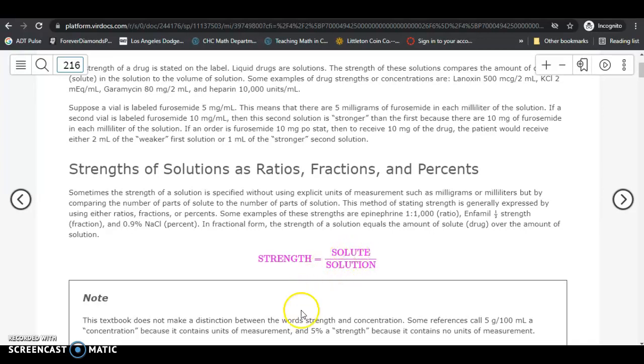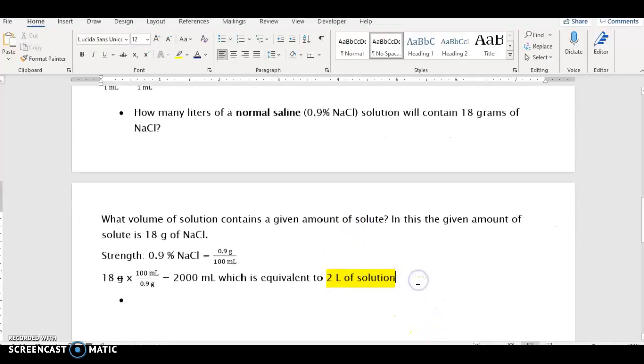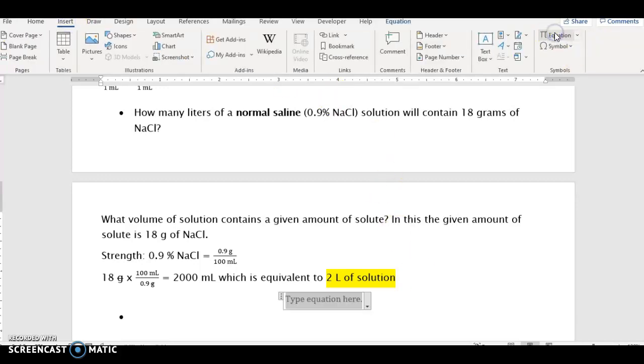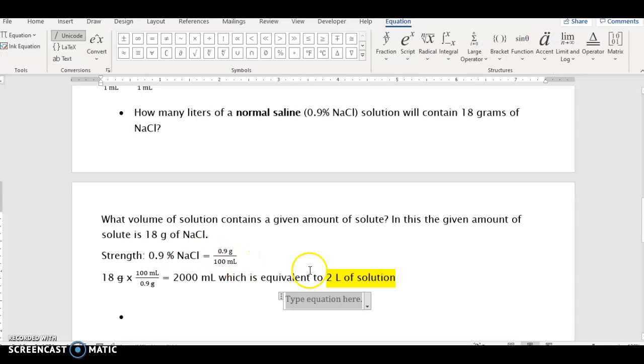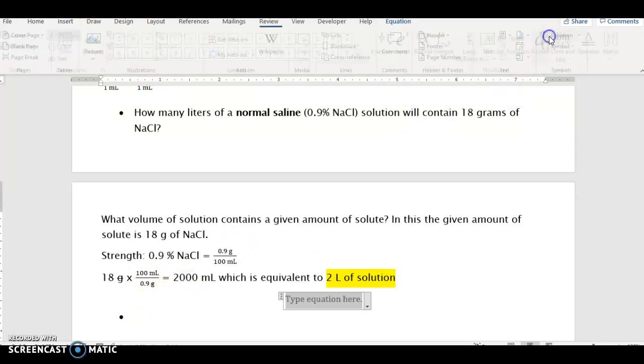What we can do instead is set up a proportion, where two fractions are equal to each other. On one side, we get the concentration or the strength. So 0.9% is 0.9 grams over 100 milliliters, for the reasons I explained earlier.